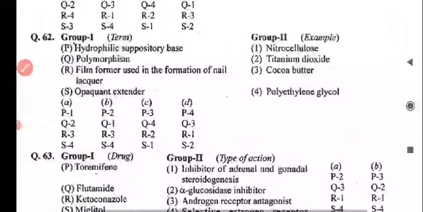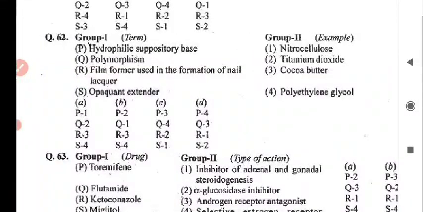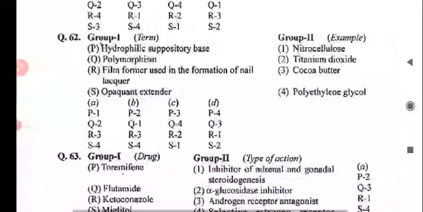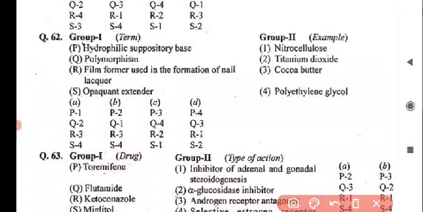So coming to the next question. In this question, column 1 contains the term, while column 2 contains the example. The first term is hydrophilic suppository base, and the correct option for this is option number 4, that is polyethylene glycol.